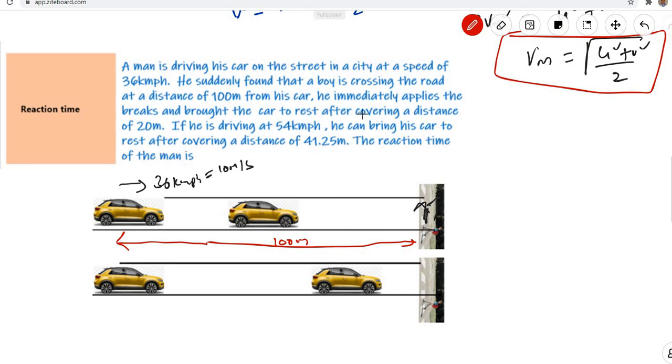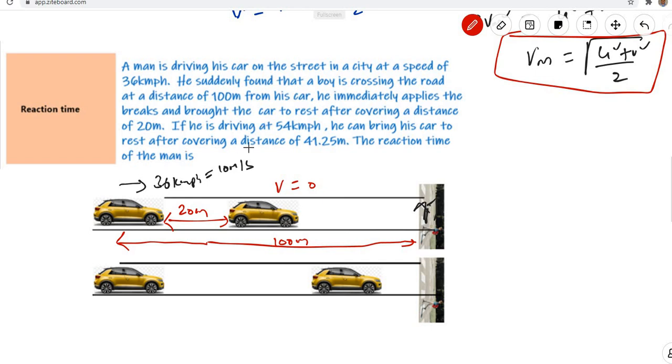He immediately applies the brakes and brings the car to rest after covering a distance of 20 meters. So here, finally his velocity becomes 0, and the distance he covered is given as 20 meters.